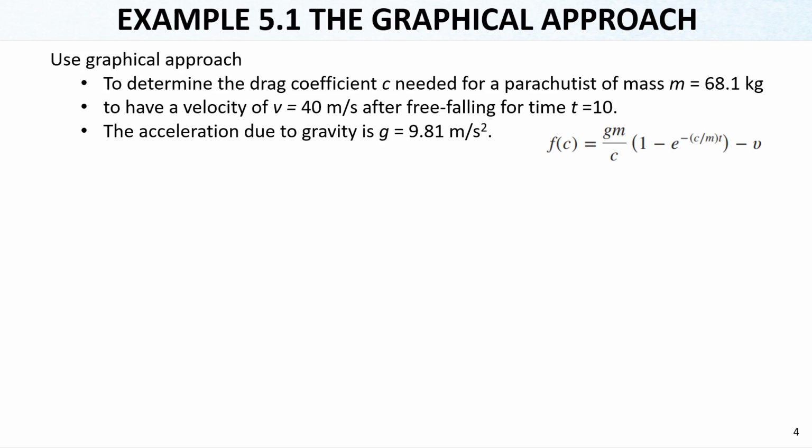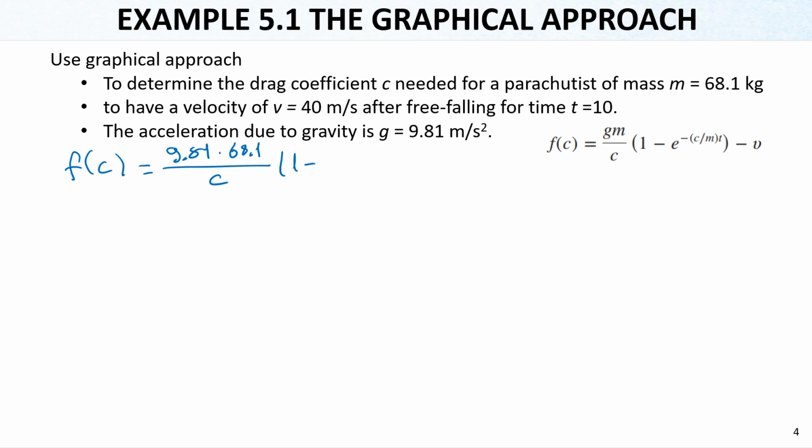But before that, let's write the function with the known parameter values. This f(c) is simply g times m, where g is 9.81 and m is 68.1, divided by c, and we don't know c.